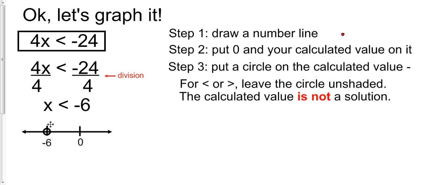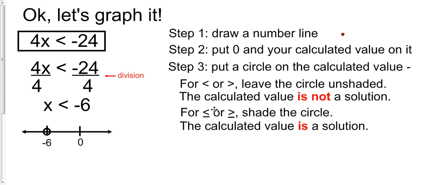We have a less than, so we're leaving the circle unshaded. The calculated value is not a solution. Negative 6 is not less than negative 6. So negative 6 is not one of our solutions. If the symbol had been less than or equal to or greater than or equal to, we would shade the circle and the calculated value would be a solution.